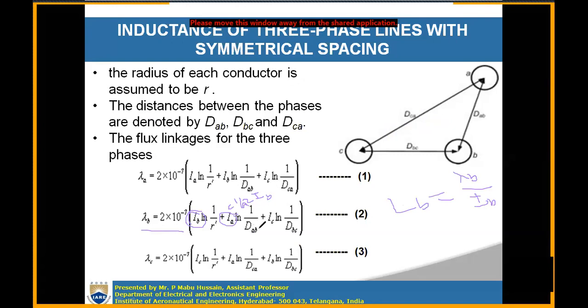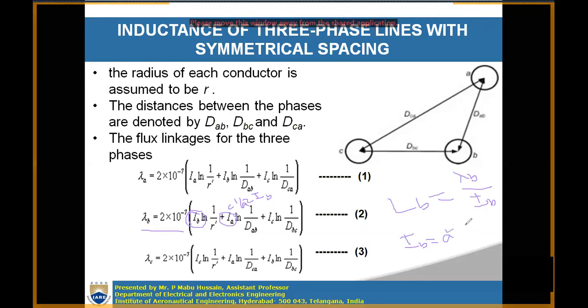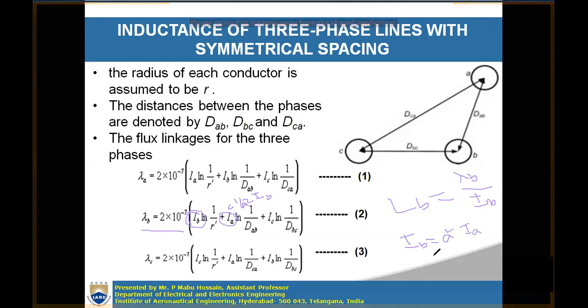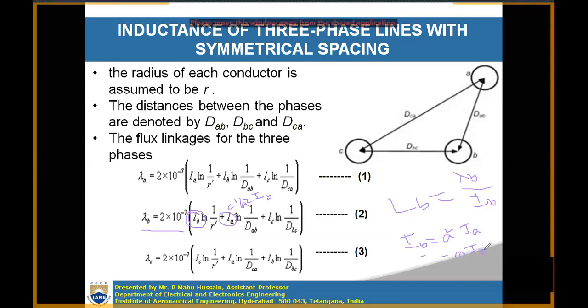You know that IB is a square into IA, and IC is a into IA only.